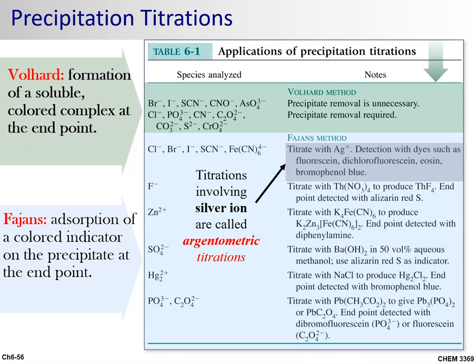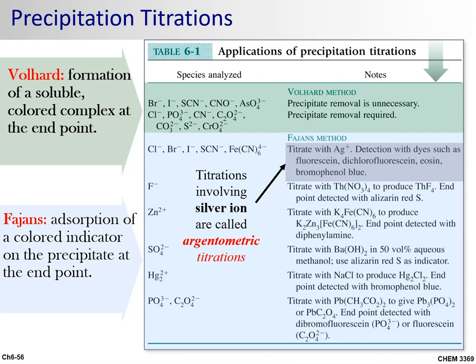It is used as an indicator, and the endpoint is marked by the suspension changing color from green to pink. Prior to the endpoint of the titration, the chloride ions remain in excess. They are adsorbed on the silver chloride surface, and that imparts a negative charge on the particle of silver chloride. We talked about it a little bit when we were talking in general about the titration.